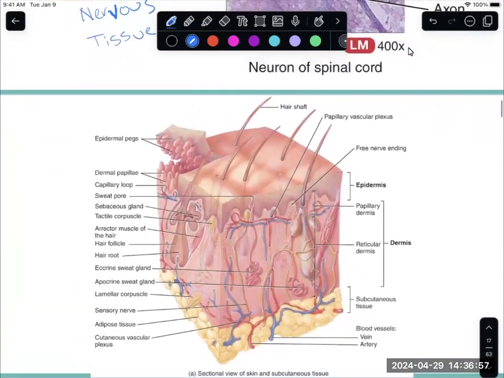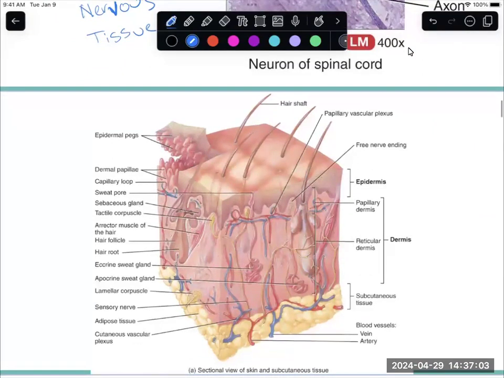Let's look at skin. Your skin is split up into different sections. We have the epidermis. Epi means above.